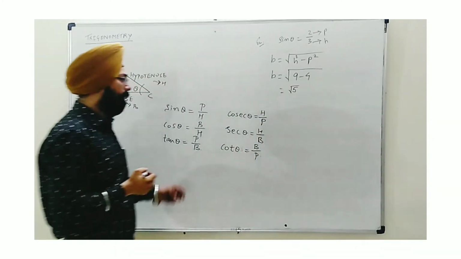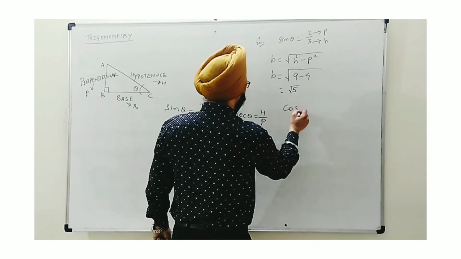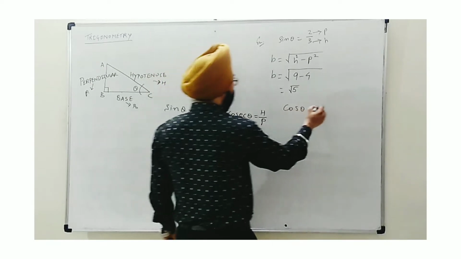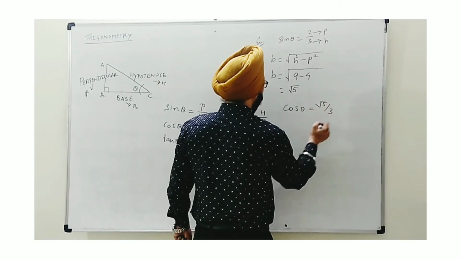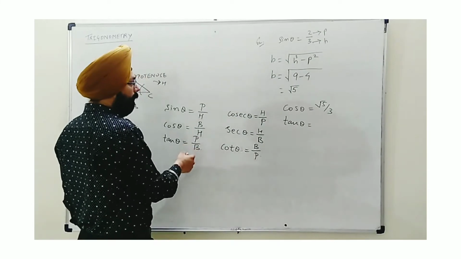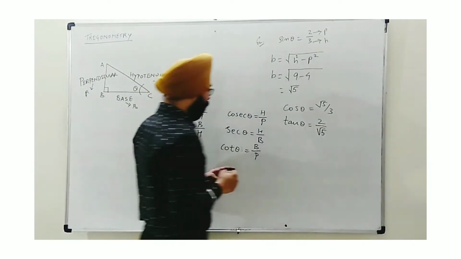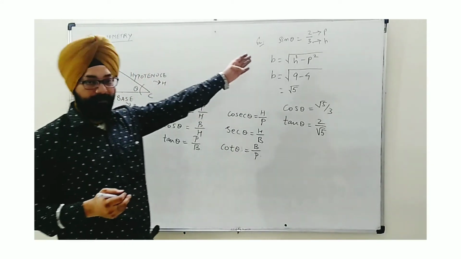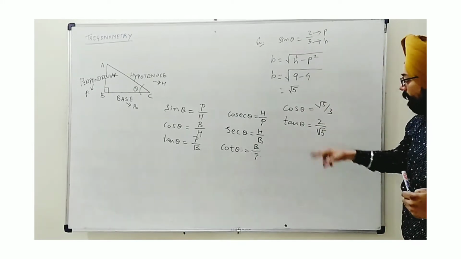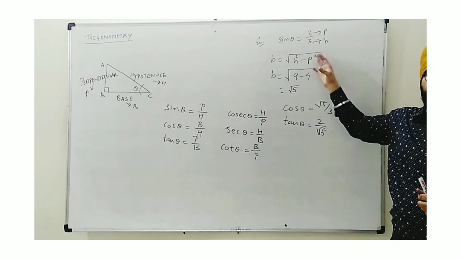As soon as we get this, we can form all the rest of the functions. Cos theta is b upon h, base upon hypotenuse, so this will be root 5 by 3. Tan theta is p upon b, so that will become 2 upon root 5. And according to the formula, the rest 3 are reciprocals, so we can find cosec from sine, sec from cos, and cot from tan. So this is the theory, and this is one application.